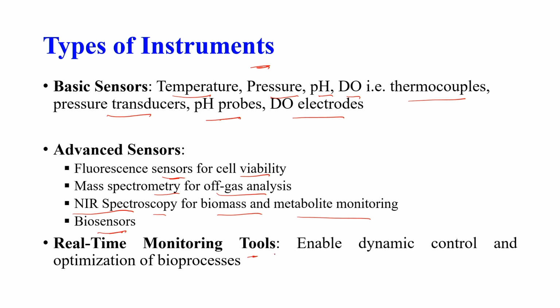And the next one is real time monitoring. As I told, one can enable the dynamic control and optimization of the bioprocess if it is inline and online monitoring, so that whatever measured value is coming, that is displayed in real time, and the same can be utilized for optimization and control purpose.